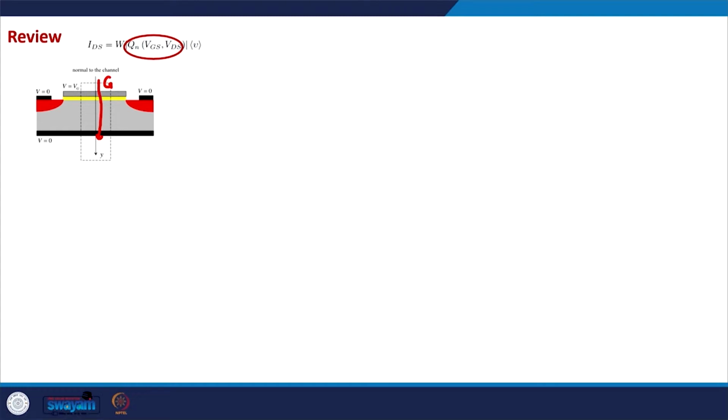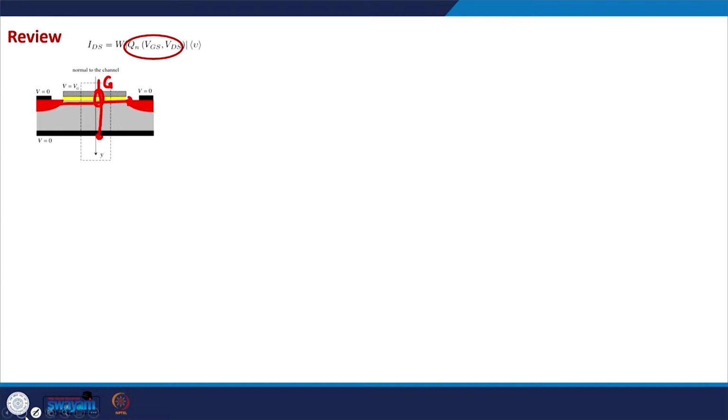And there are valid reasons to do that, because in conventional MOSFETs, the electric field in this direction, and especially in this region, is extremely strong as compared to the electric field in this direction.